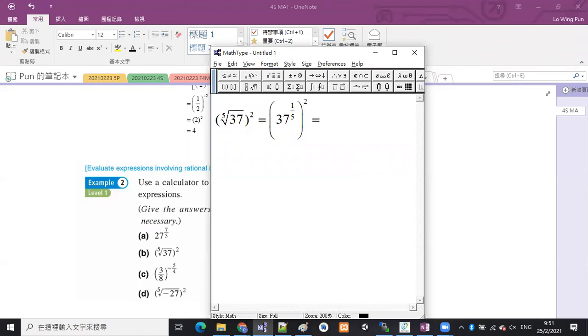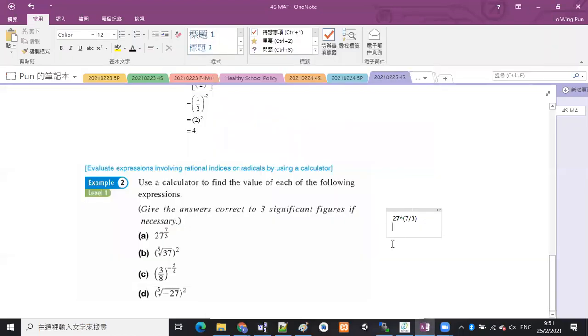Okay, and then you just multiply their index together, becomes power 2 over 5, and then you just do the calculator 37, this symbol, bracket 2 over 5, close bracket. Okay, so that is like this. This is part B, and so on.